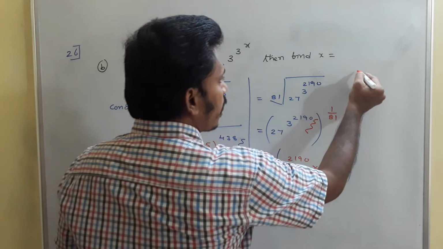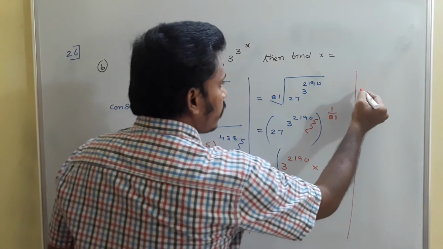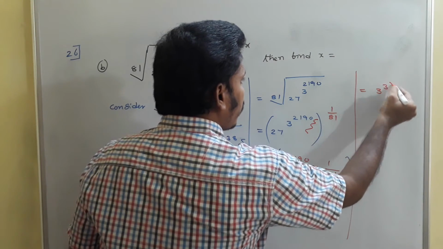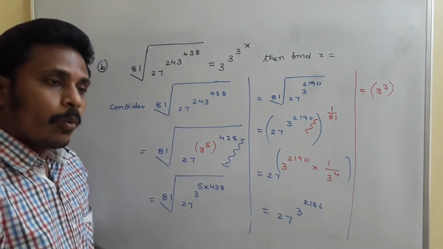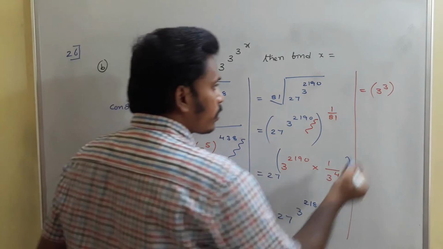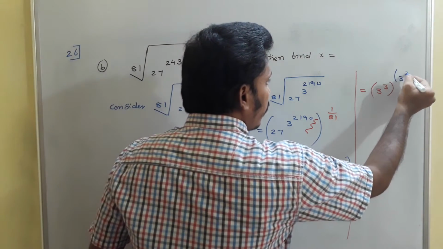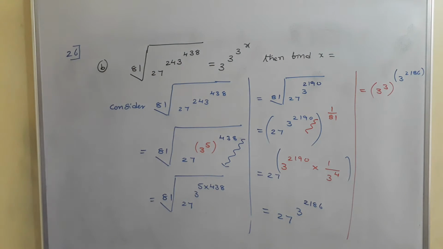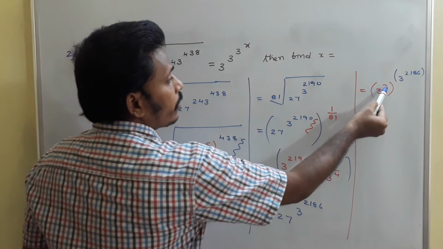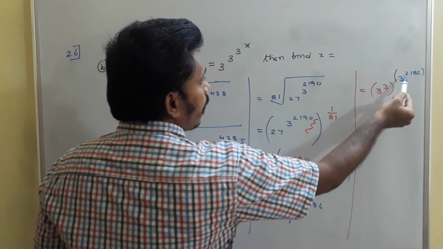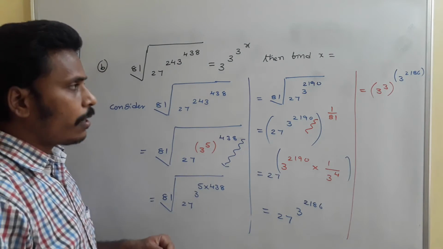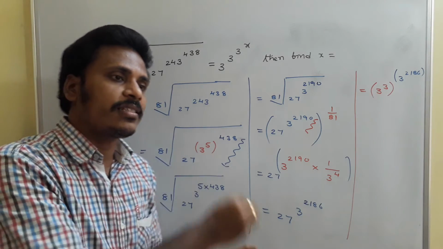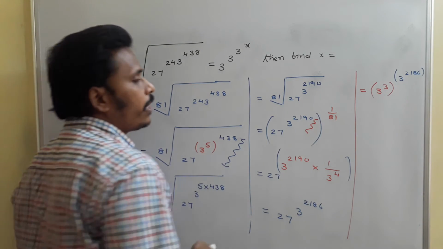And now in the next step, this is equal to 3 power 3 is the base, whereas the power is this 3 power 2186. And now you just look here. See, a power m to the power n. Here this is m and that is n. In each and every step we need to judge what is m and what is n, with the base a.